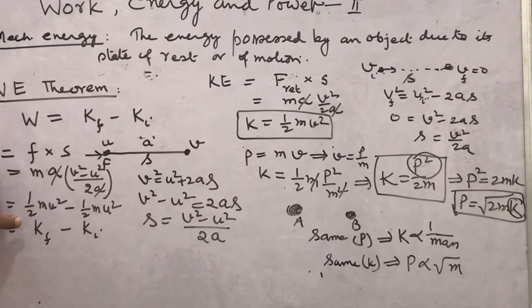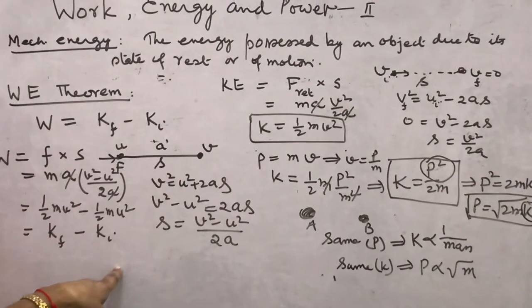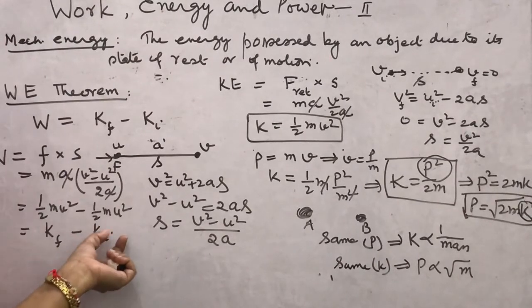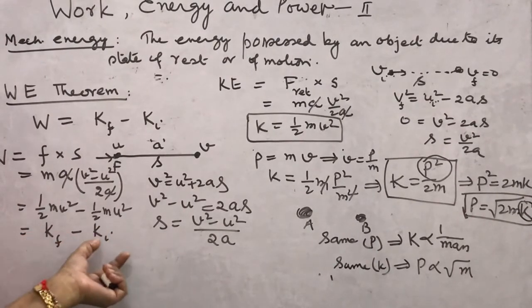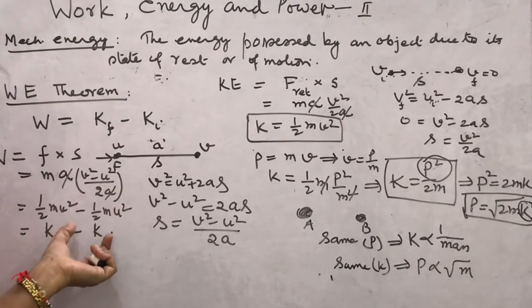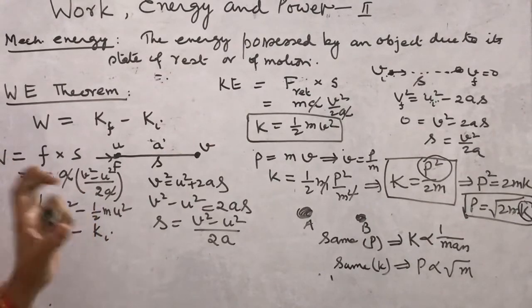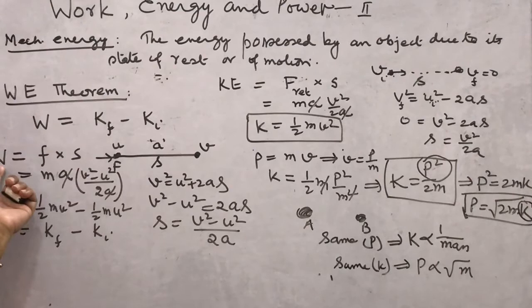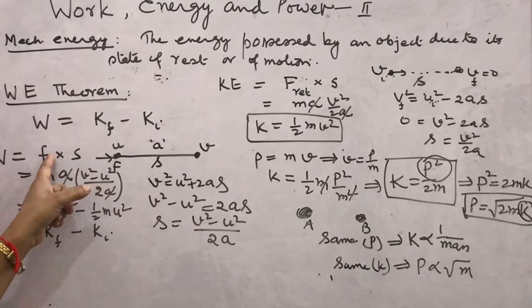So, in this way work done is equal to change of kinetic energy. Various numerical problems are given where only the kinetic energy change is given, and you have to find the work done. No force, no displacement. Due to change of kinetic energy, you can write difference of kinetic energy is the work done without knowing the value of F and S.